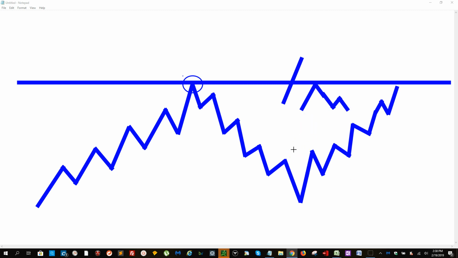The interesting thing is these zones are very important because they provide what I call very valuable potential trade opportunities. For example, let's say this area has had multiple touches where price has done this in the past. Maybe it went through and came right back down.